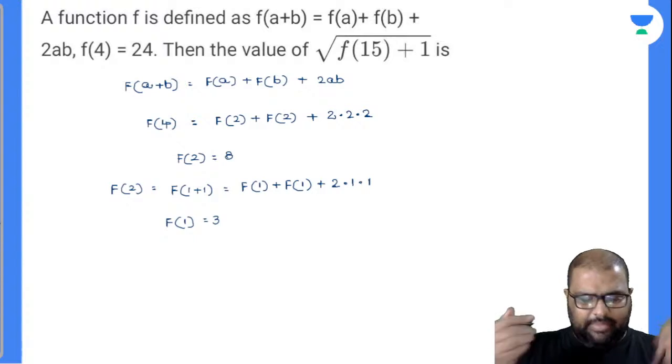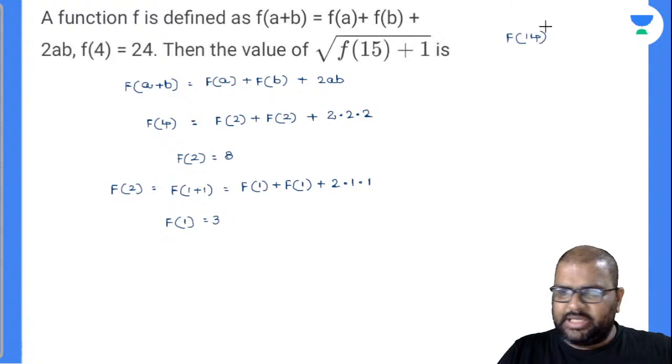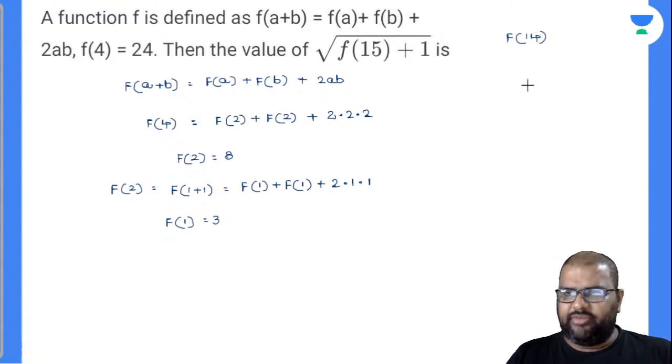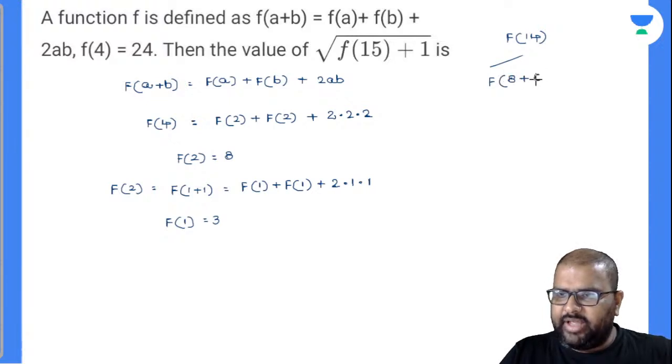Next, my aim is to find f of 14, because I cannot find f of 16, as I don't know the subtractive relationship. So I will write this as f of 8 plus 6, and I will find f of 8 and f of 6.